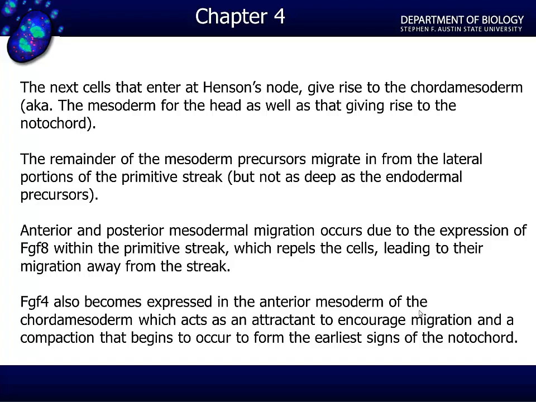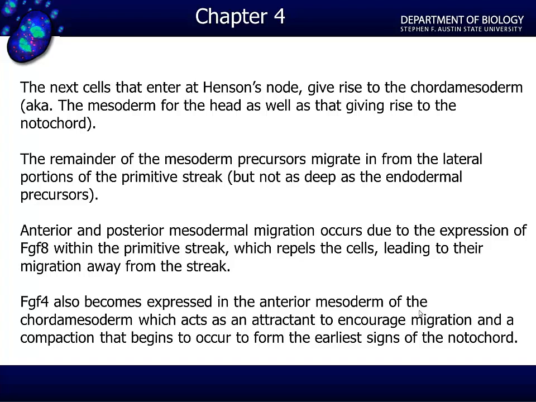After those first mesodermal precursors come through, then the next mesodermal precursors are going to be lateral, and so those are going to be the lateral portions of the mesoderm. And so we've already distinguished different patterns of these migrating mesenchymal cells.